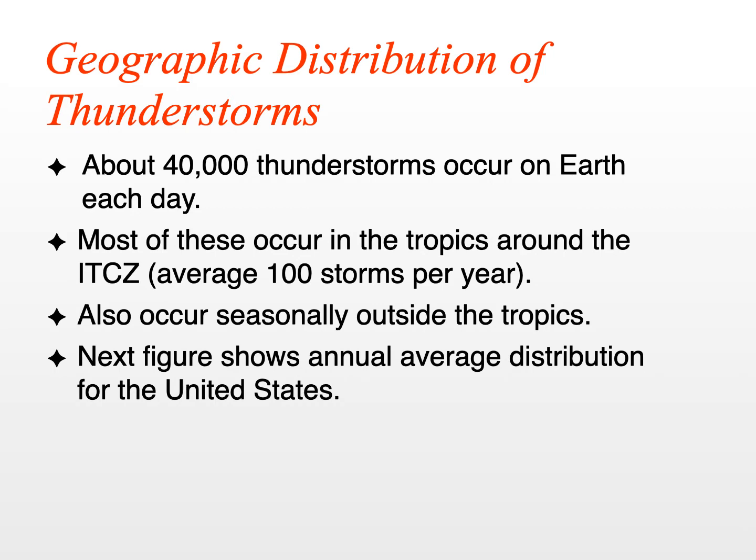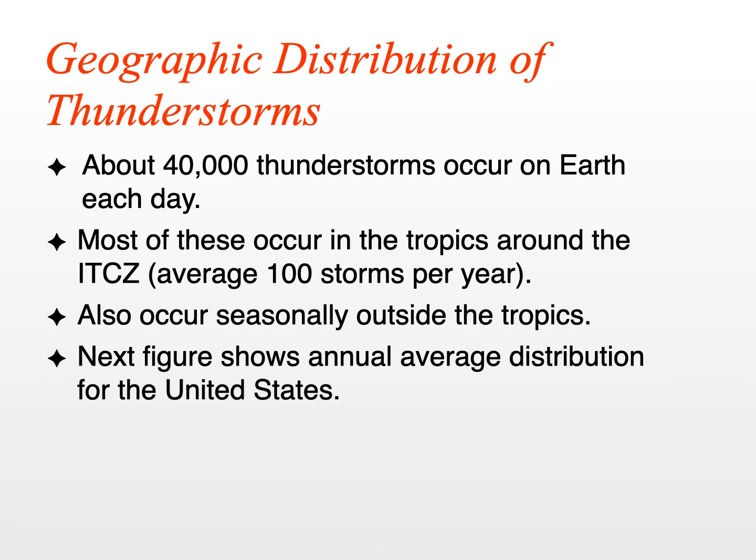Thunderstorms are very, very common on our planet. About 40,000 thunderstorms occur on the Earth each day. Most of them are occurring in the tropics, and along the intertropical convergence zone, for any location, there's probably about 100 storms per year, so one every 3 days.